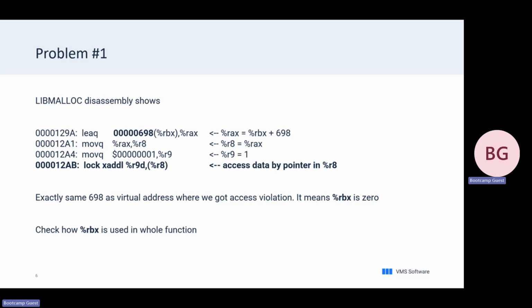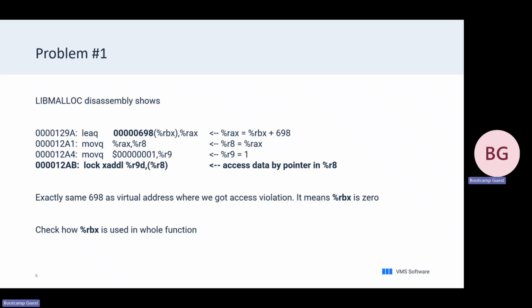The load effective address operation is used much by the LLVM optimizer to do two operations at the same time, a sum and then a save to another place. So here we sum RBX with 698, put it into R8, and then access it. So R8 holds the number 698, and then we got the access violation.